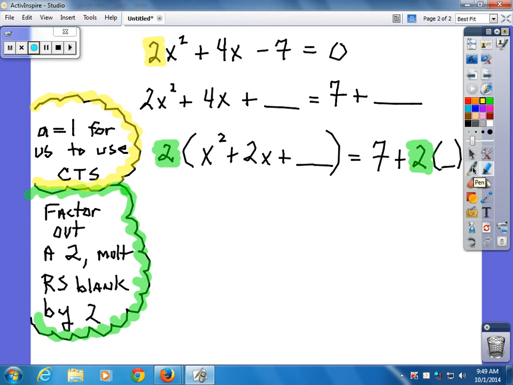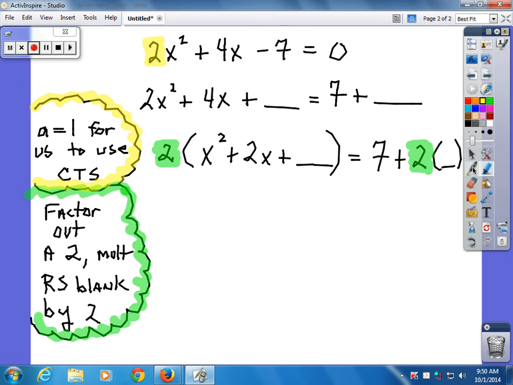Yes, because A is equal to what? 1. Well, ax squared plus bx plus c, that's the quadratic equation right here. This 2 is a multiplying factor, compression or stretching, and it eventually will be A. But right now, A is 1, and we can use completing the square right here.